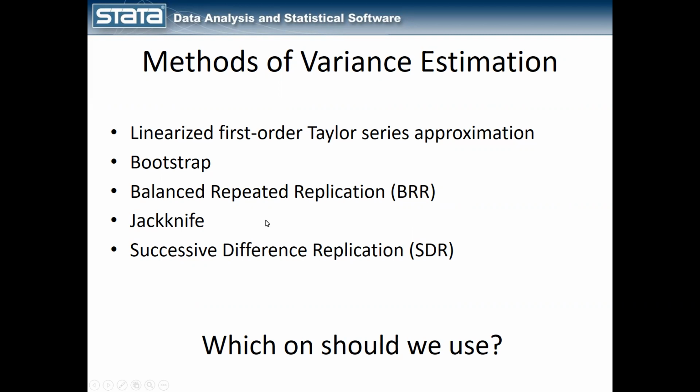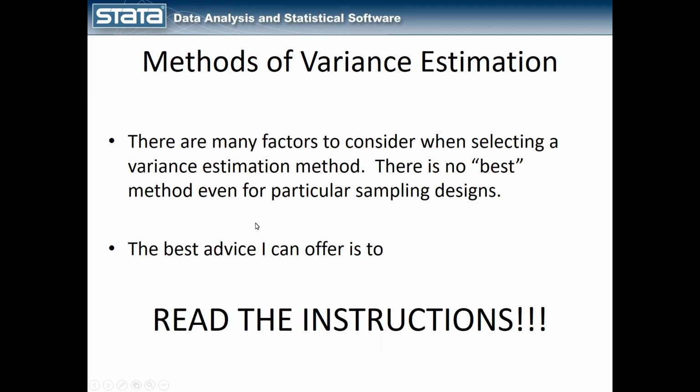There are 5 of these in Stata that you could use. As best I can tell, there is no rule of thumb or decision tree you can go through: if this, then use linearized, or if this, then use bootstrap. It's very specific to the sampling design, and often it's built into the sampling design. It is part of the sampling design.